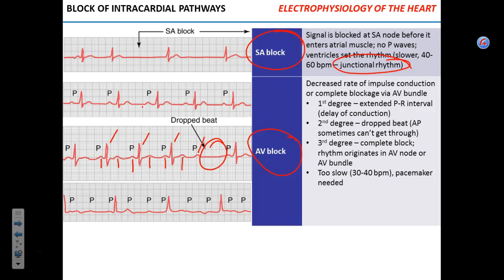Okay? Basically, this is the second degree heart block. First degree is just extended PR interval, which means it just takes longer. So basically, let me put it this way. First degree heart block is the traffic jam.